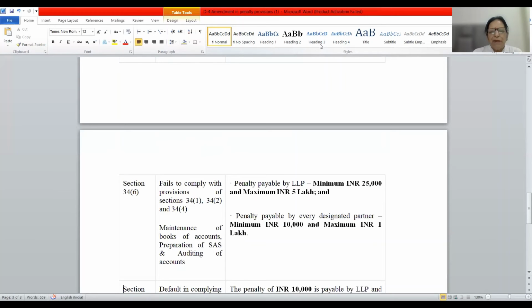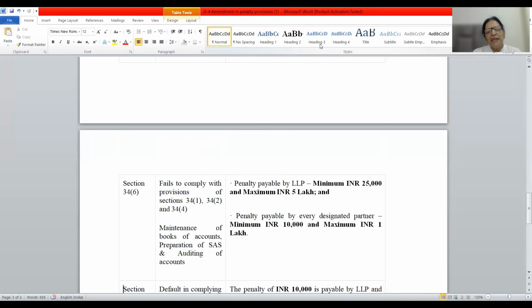So penalty payable by LLP, minimum rupees 25,000 and maximum is rupees 5 lakh. That is, if there is non-compliance of the provisions which have been contained under section 34.1, 34.2 and 34.4. Now this is regarding maintenance of books of accounts, preparation of statements and auditing of accounts.